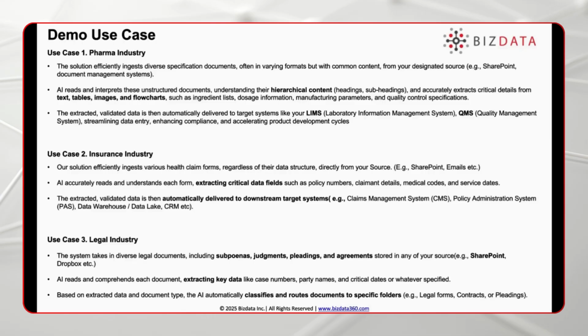Our AI would read these documents and understand whether it is a subpoena document, a judgment, some kind of notice or an agreement, or an NDA or whatever. Based on that understanding, AI will push that document into the respective folder at the target by classifying it as a subpoena, judgment, etc. So that's what we're going to show you quickly.